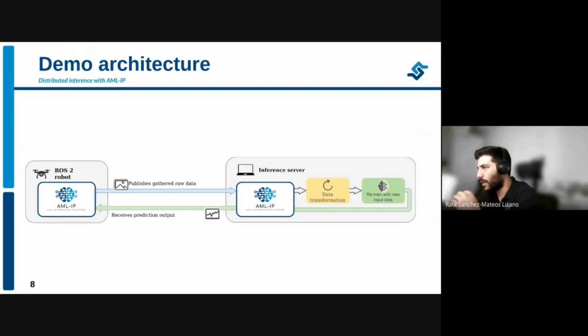Then we perform some computations internally, in this case inferences. And the inference comes back to the ROS2 robot through the AML IP from the inference server until it reaches the edge device, which in our case is a ROS2 robot. And then the ROS2 robot can act according to the prediction received from the cloud.